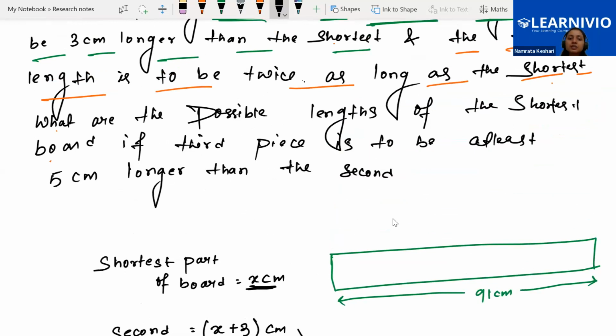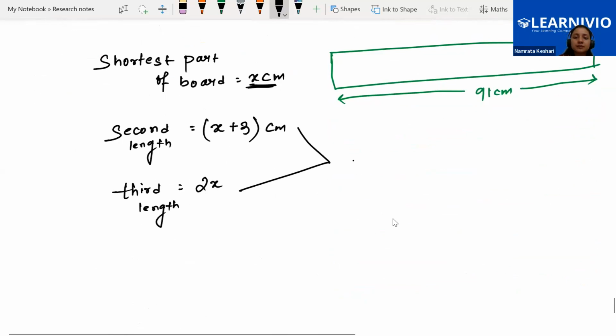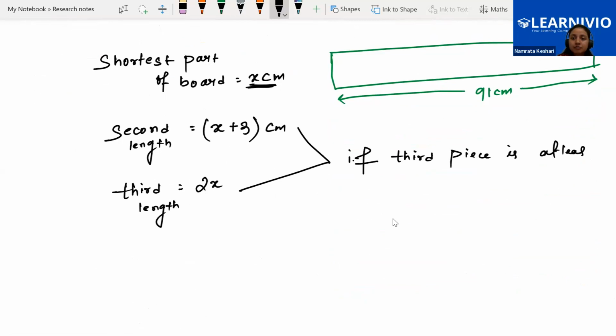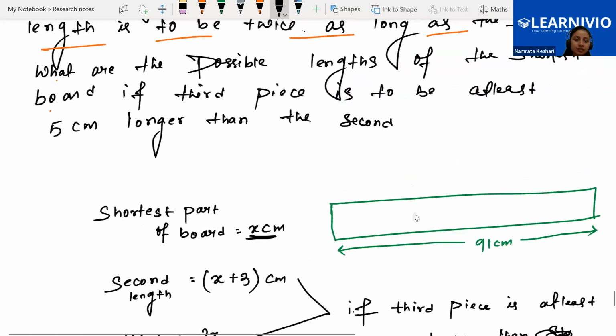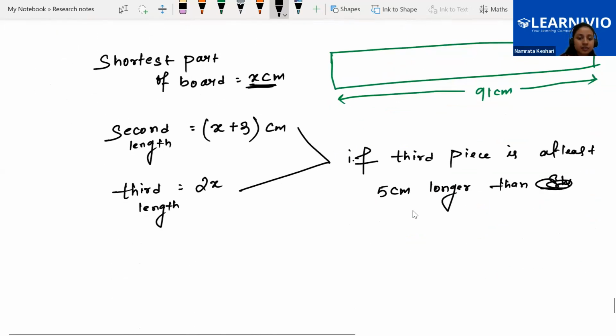If the third piece is at least 5 centimeter longer than the second one. Yes, the second one.